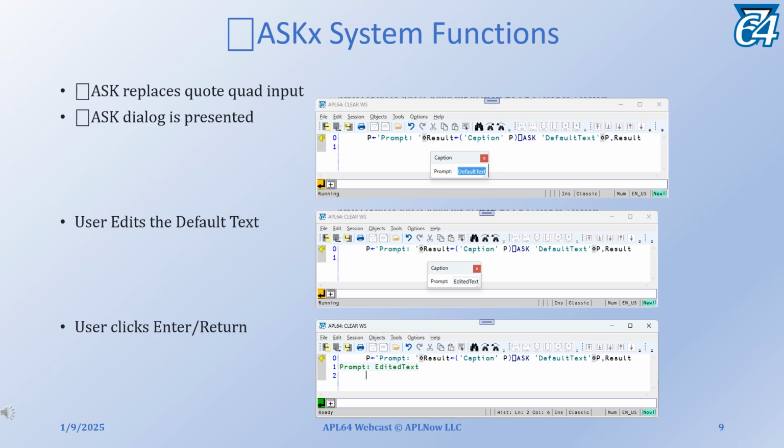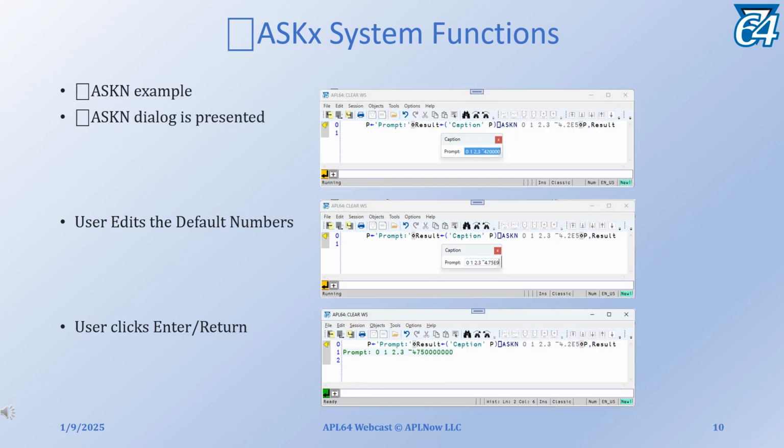The QuadAsk dialog presents the default response selected in the text box input control. The default response is selected and highlighted. The QuadASKN dialog presents the text of the default response in the text box input control. The default response is selected and highlighted.